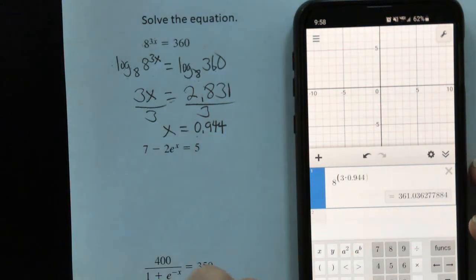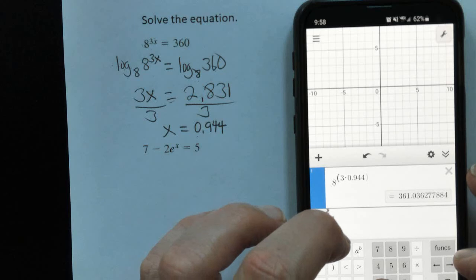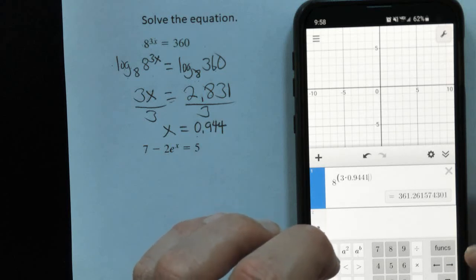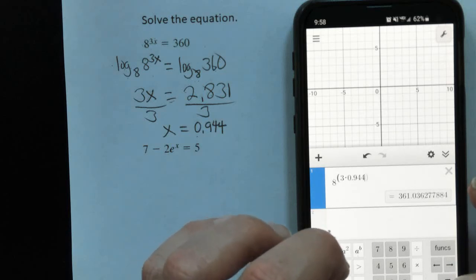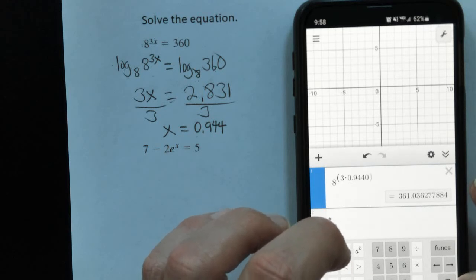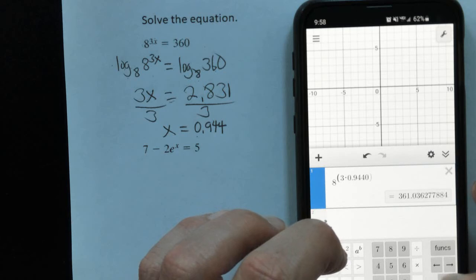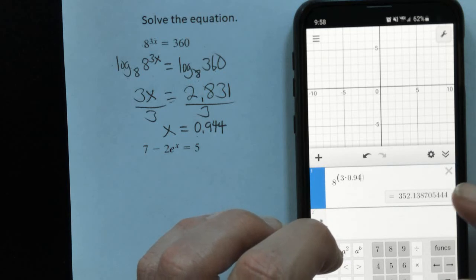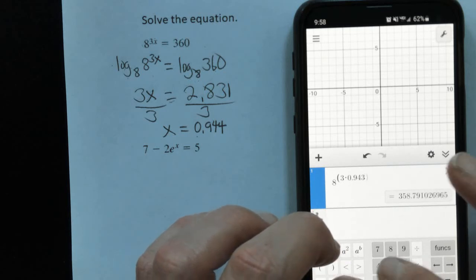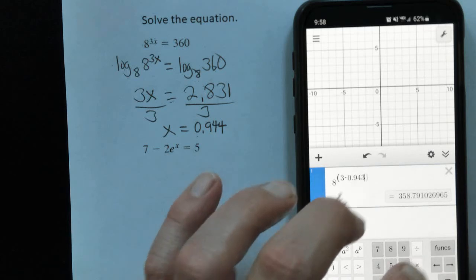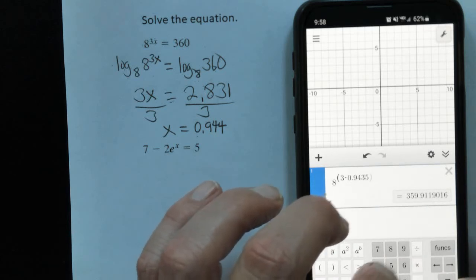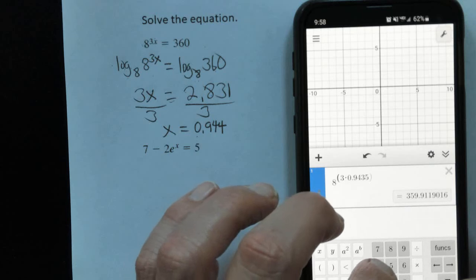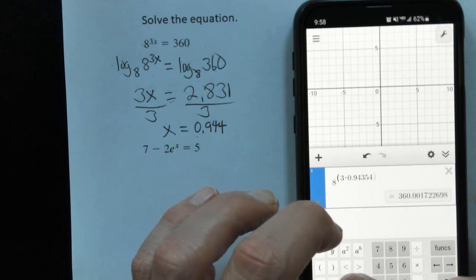So if I go, let's say, 0.944, no, that's not good enough. What if I go a few more decimal places? You can see how we're getting close now.